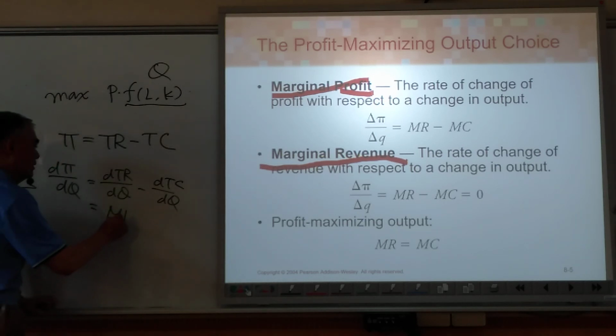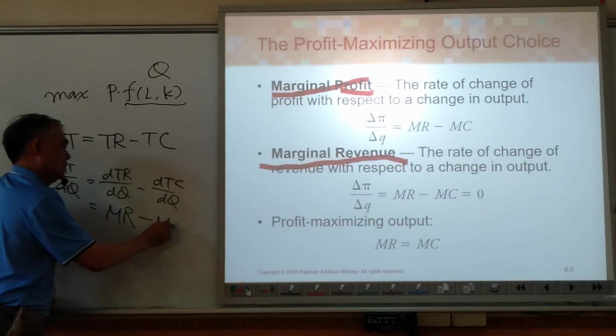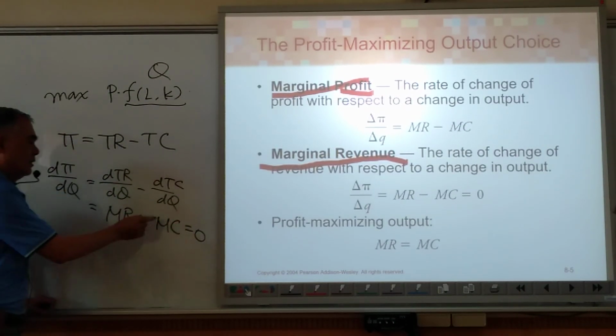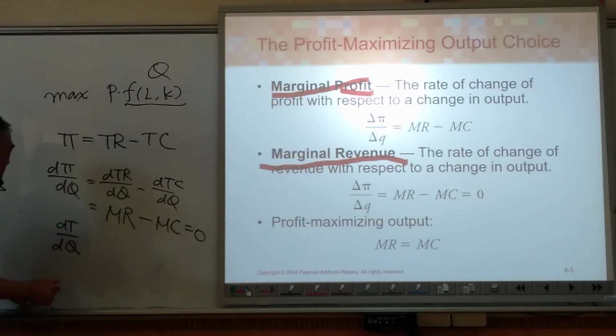You get marginal revenue. And total cost differentiate with respect to Q, you get marginal cost. And so when it is equal to 0, this is what we call first order condition. Okay, first order condition. And to differentiate further, so you have d squared pi dq squared, sorry.